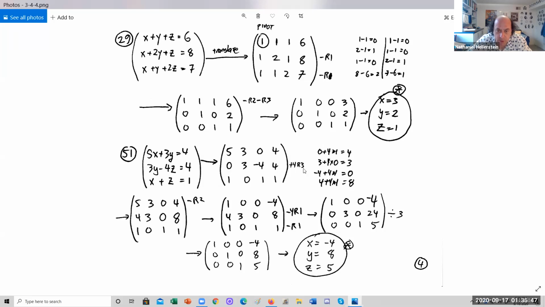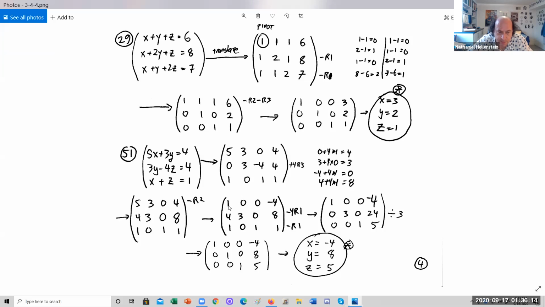So 0 plus 4 times 1, that's a 4. It goes there. 3 plus 4 times 0, that's a 3. It goes there. Negative 4 plus 4 times 1 is a 0. It goes there. And 4, oh dear, 4 plus 4 times 1 is an 8, so an 8 goes there.